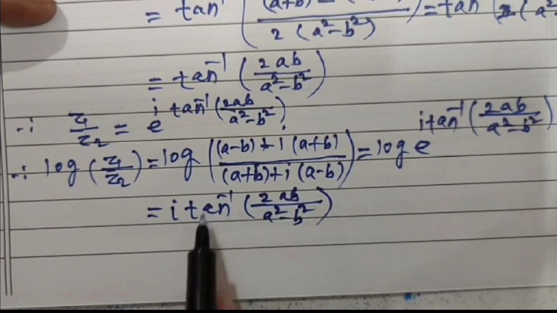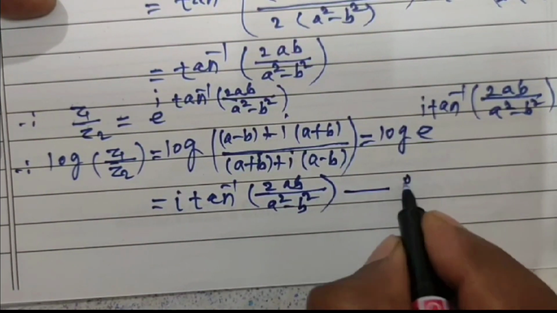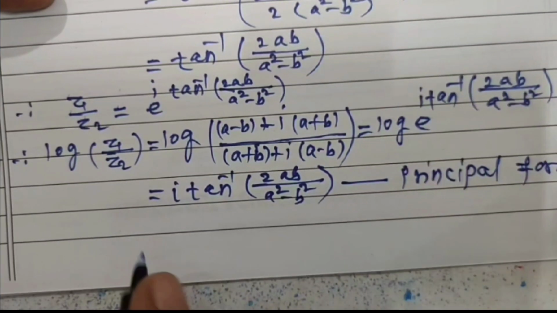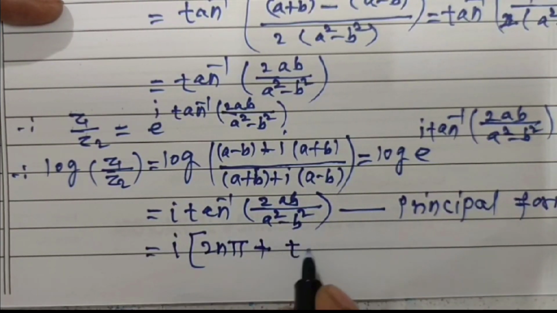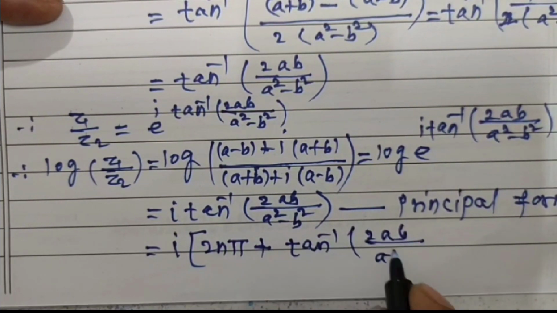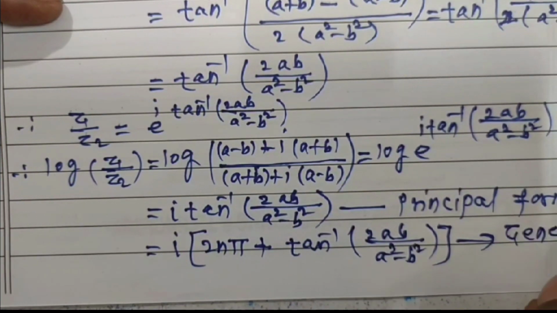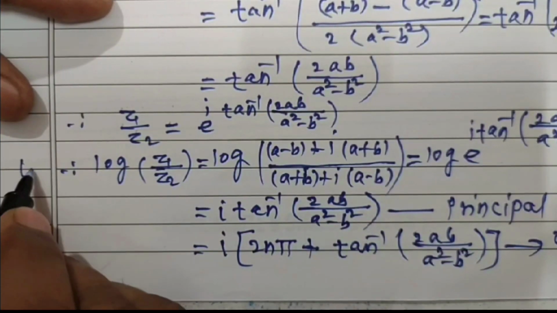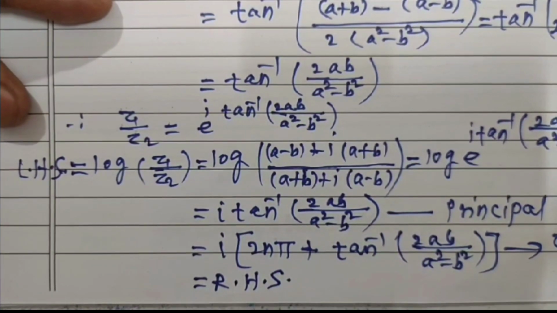So adding 2kπ or 2nπ in theta, that gives i into bracket 2nπ plus tan inverse of 2ab divided by a square minus b square, bracket close. This is the general form, and hence the proof. This is LHS, and this is RHS. LHS is equal to RHS. We have proved this statement.